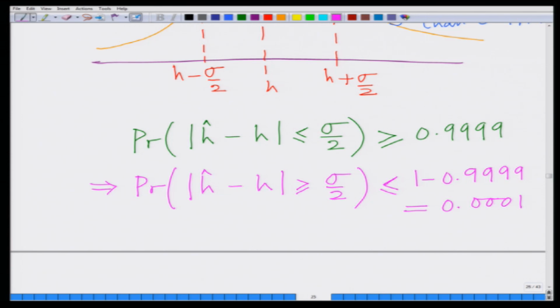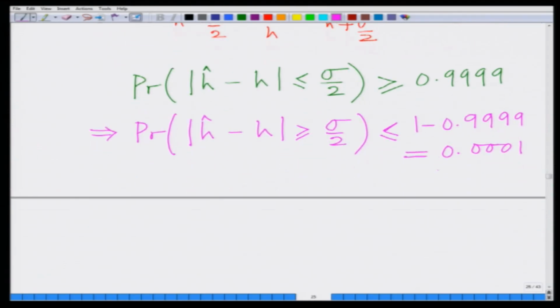So 99.99% of the time it should lie within the radius of sigma by 2, which means only 0.01% of the time it can lie outside the radius sigma by 2.